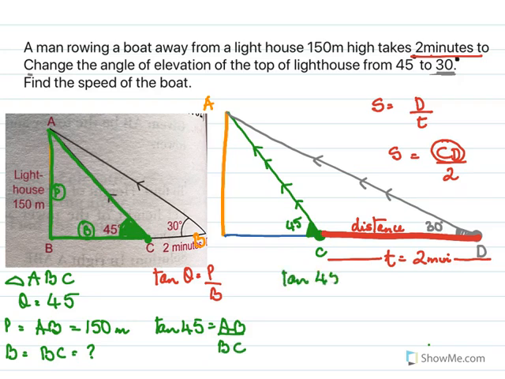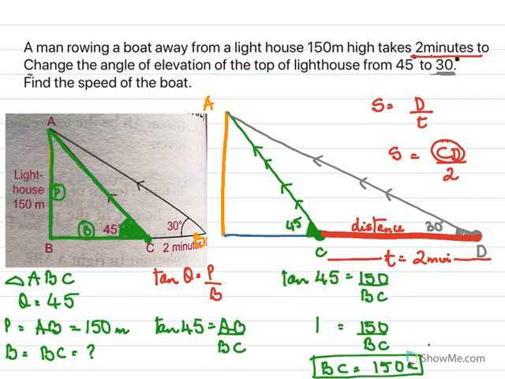So tan 45. Now AB we got 150, BC we do not know. So tan 45 is 150 over BC. So BC equals 150. So we are done with one triangle. Now it's time to take the other triangle with 30 degrees.